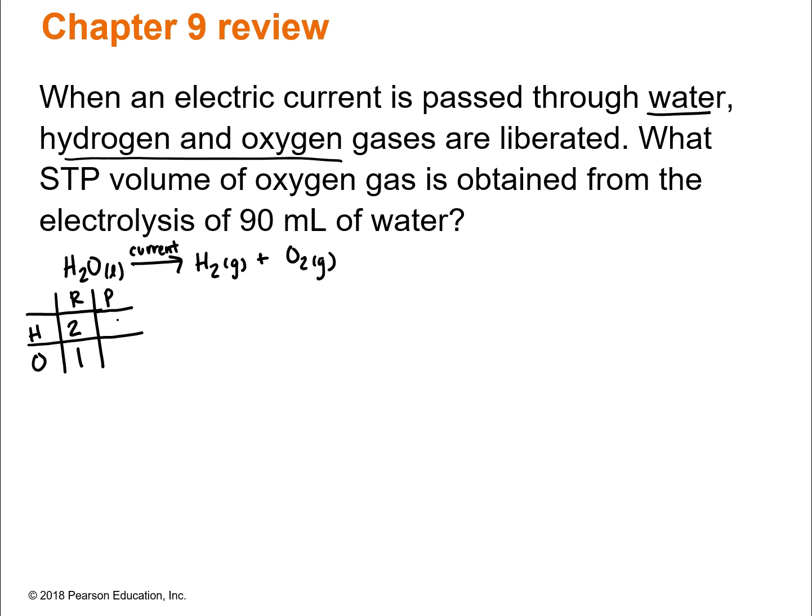On the product side, we've got 2 hydrogens and 2 oxygens. We are going to multiply by 2 on the reactant side and see where that leads us.